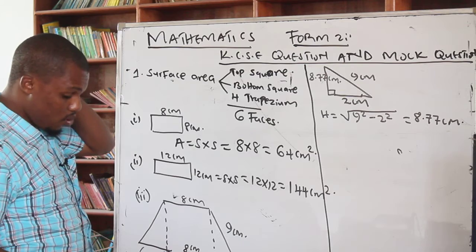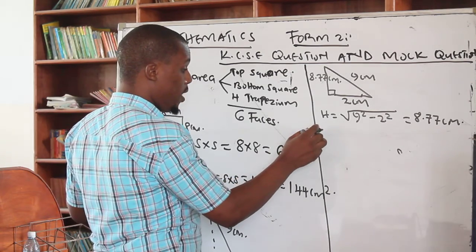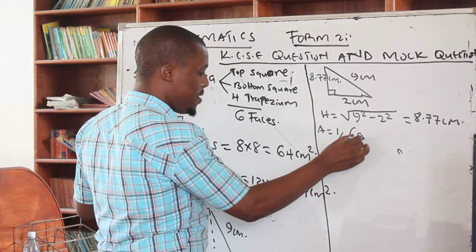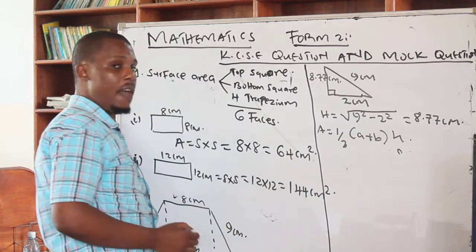What you need to do is apply the formula for the area of a trapezium, which is a half times A plus B, multiplied by the height. A and B are the parallel lines.